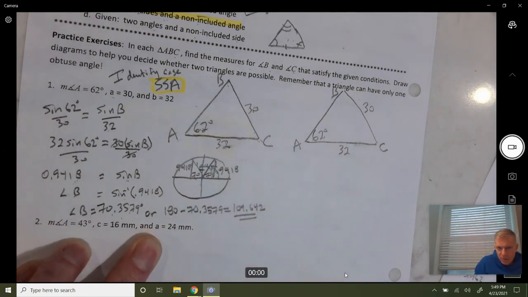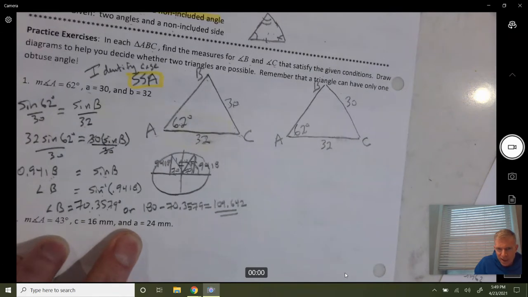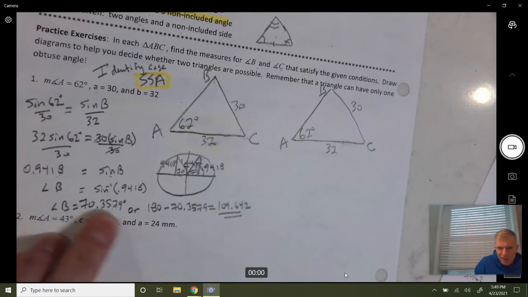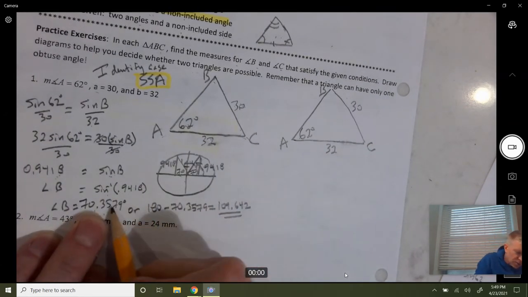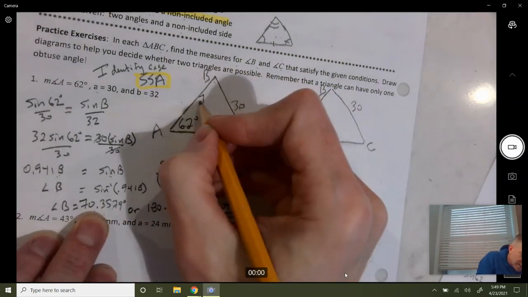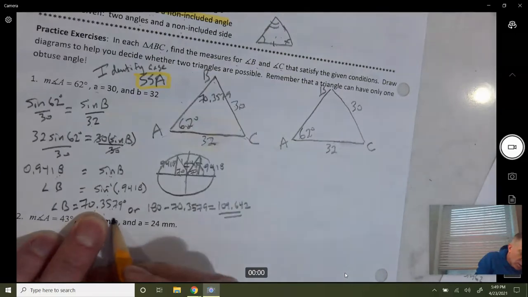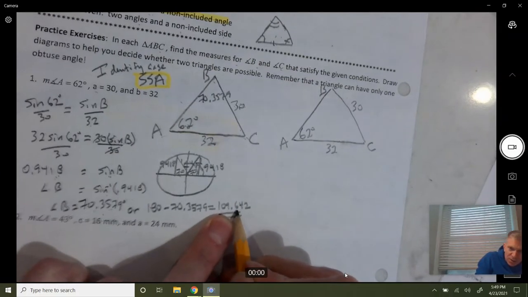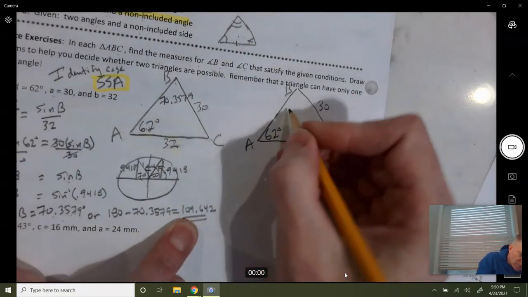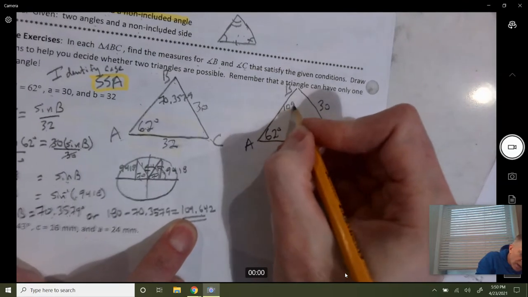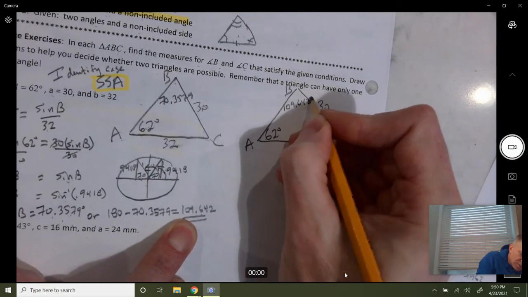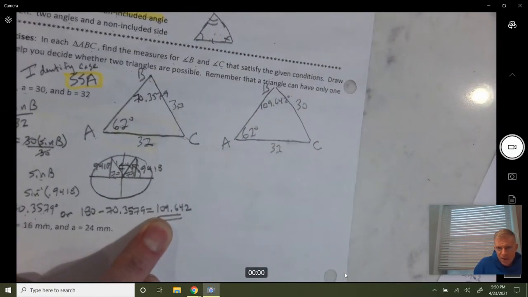You might want to rewind that if you just missed that. We real quick got two different answers for angle B. The first triangle, we'll put this one, 70.3579. Or angle B equals this, 109.642. Okay? Got two different answers.